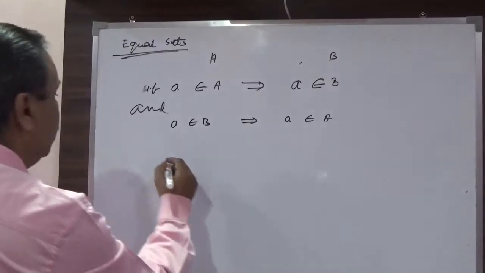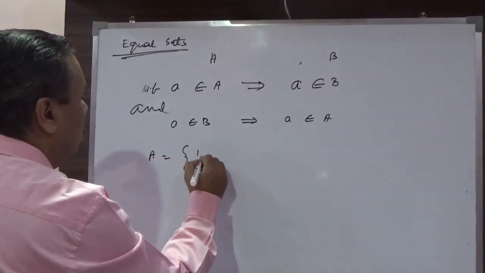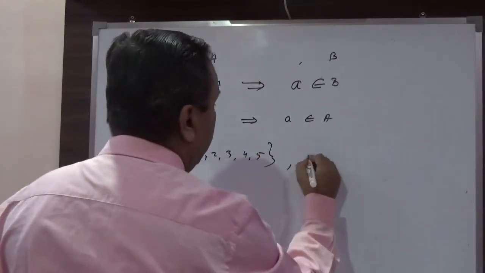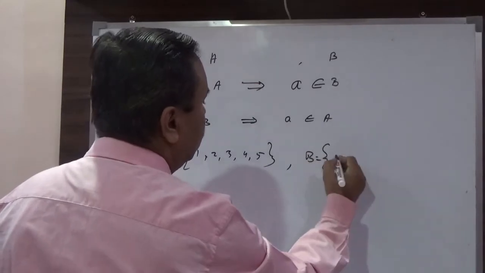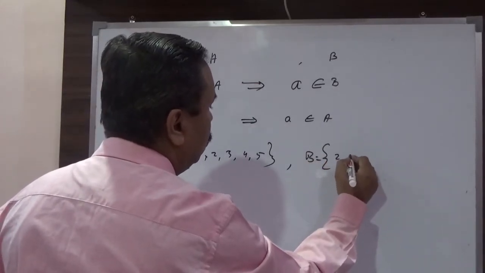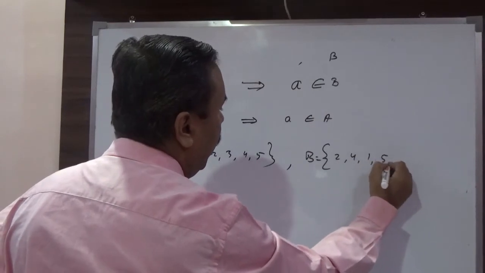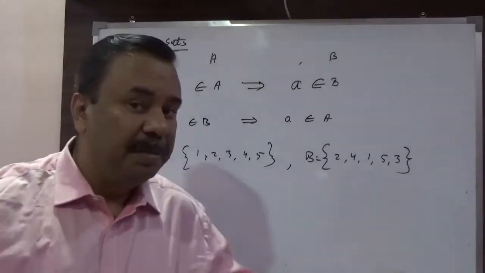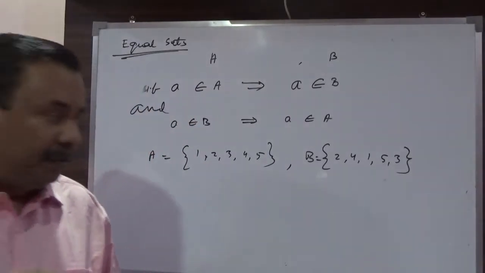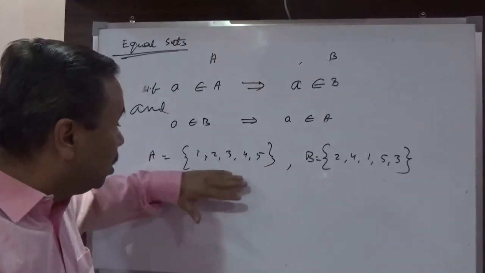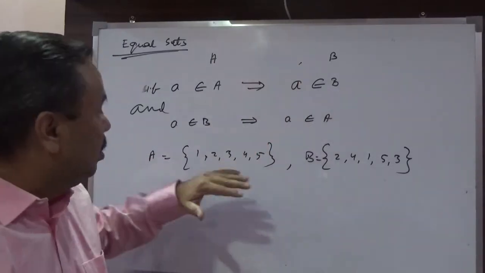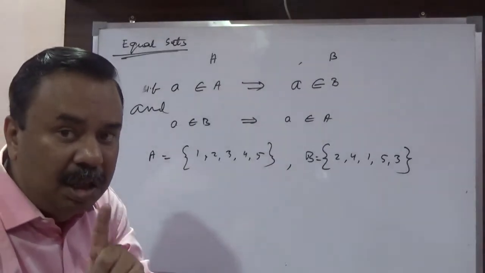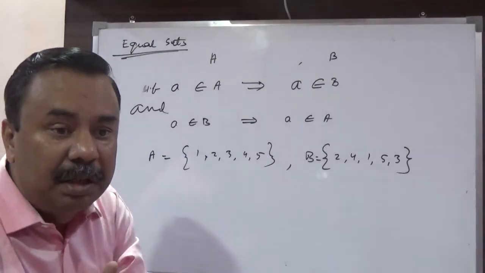That is, if A is written as 1, 2, 3, 4, 5, these are the elements. Now B is written as 2, 4, 1, 5, 3. It is just a shuffling, a different arrangement. One thing I forgot to tell you: when we represent a set in tabular form or roster form, remember the elements will not be repeated.